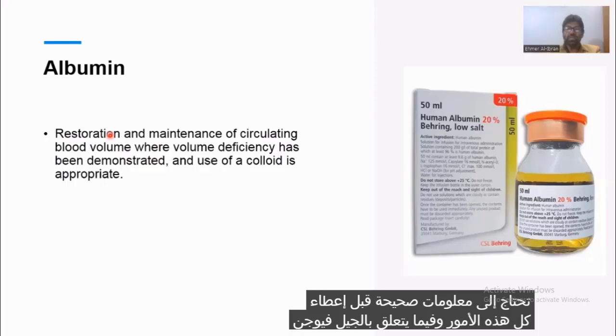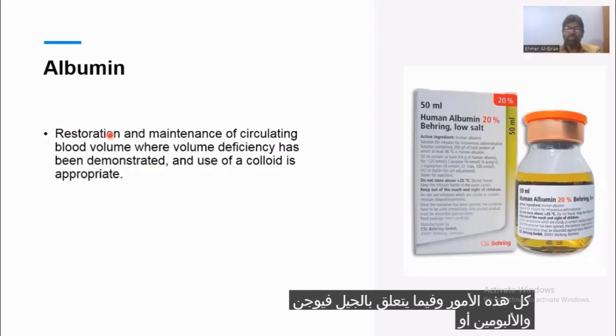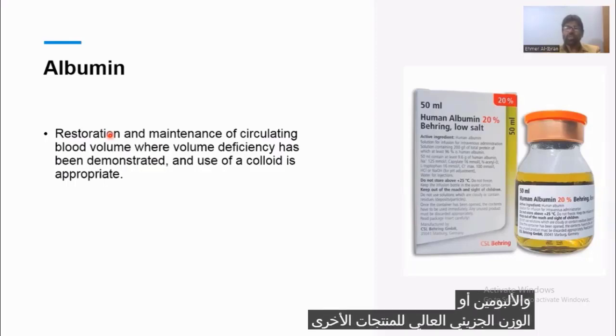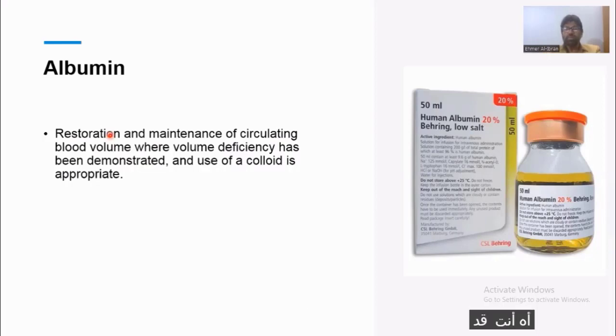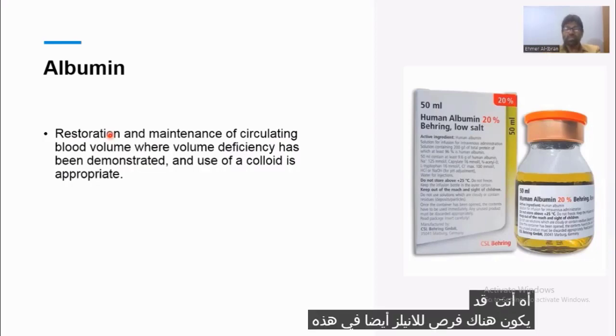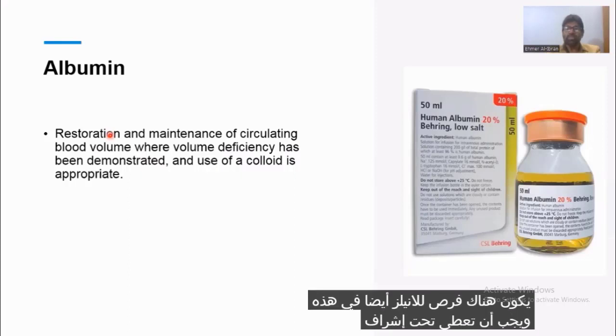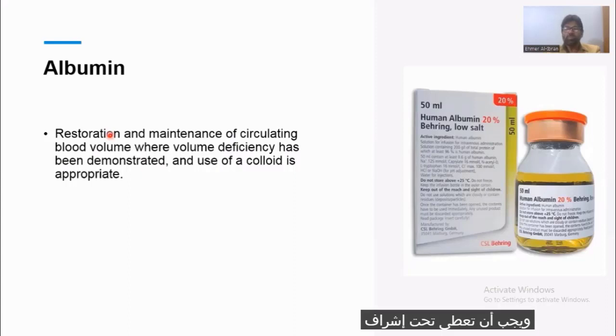As far as Gelofusine and albumin, or the high molecular weight products, are concerned, you may have chances of anaphylaxis also in these, and they must be given under the supervision of an experienced physician.